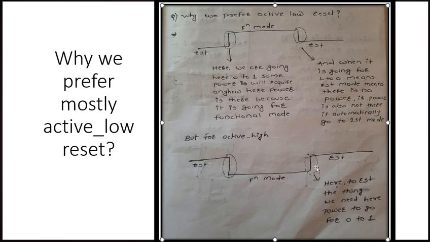This is not a good sign, because if we require power for resetting, and something happens to our design and power is not there, then the function is not able to work.